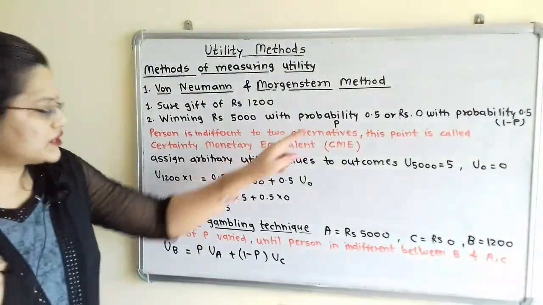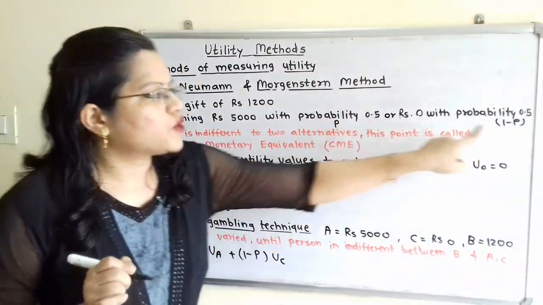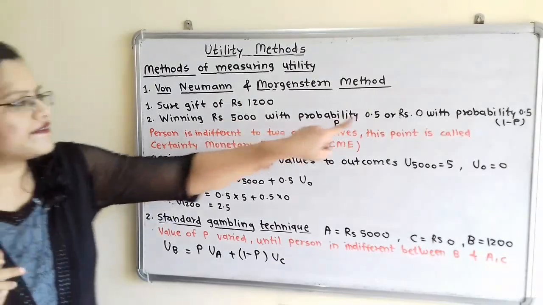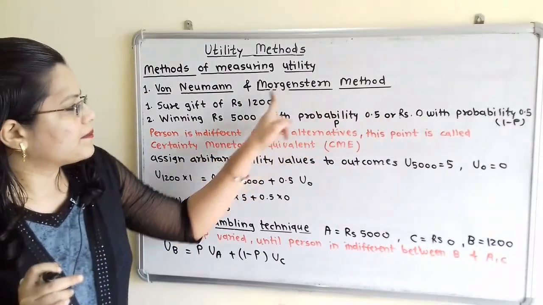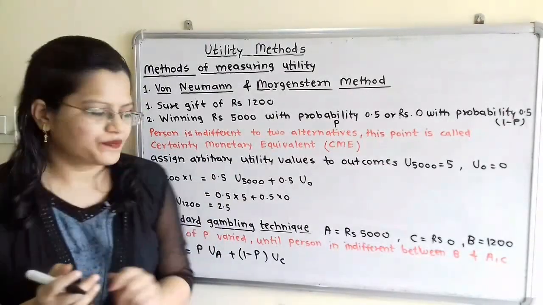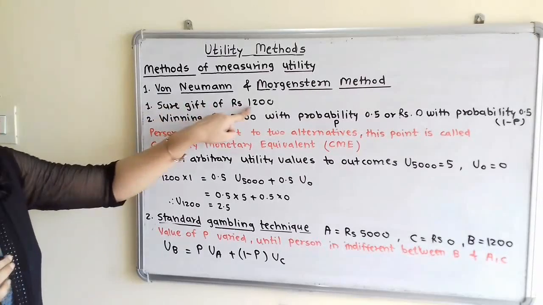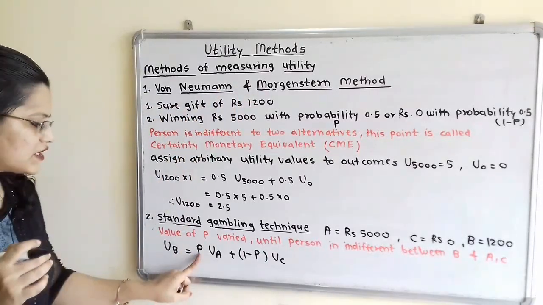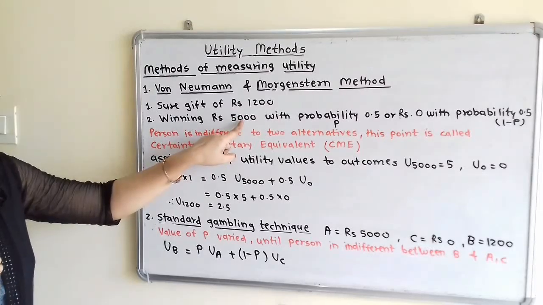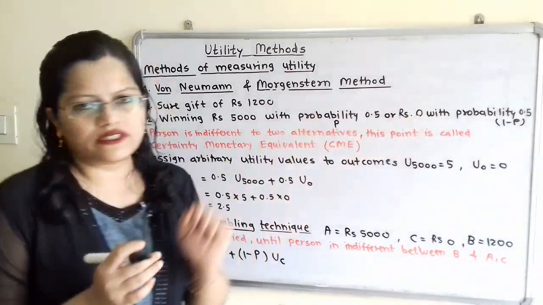So by the second method we have to change these probabilities so that this person will become indifferent between these three values, that is A, B and C. So how can we write this equation? We can write UB, that is UB for the first alternative, is equal to P multiplied by UA, which is the value A, plus 1 minus P UC.